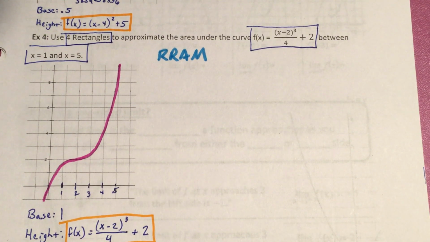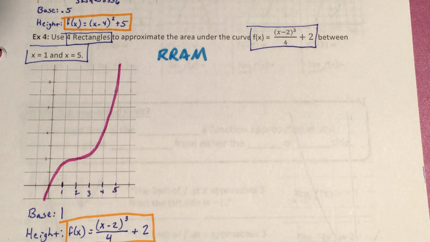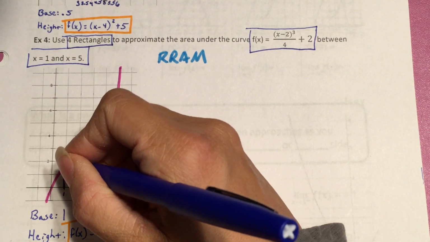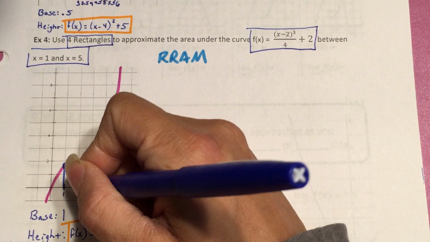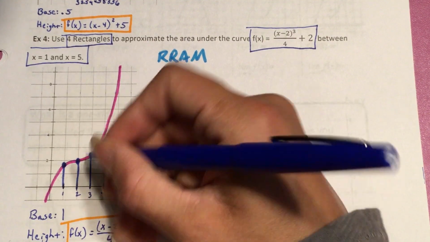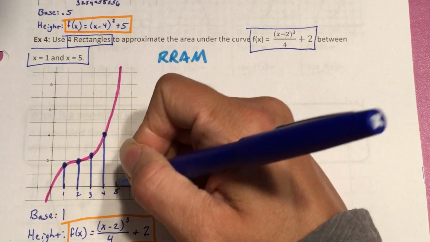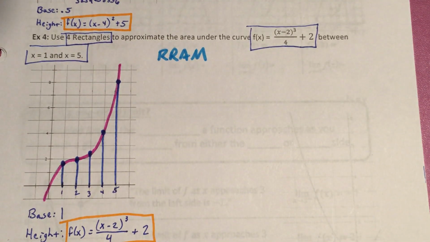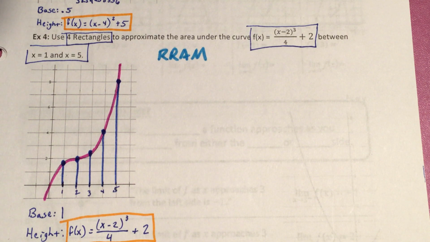And now we are going to draw our RRAM. So starting from the first interval up to the function, draw a dot on the function. Up from the interval, make a dot. The interval, make a dot. Make a dot. Make a dot. All right, folks.